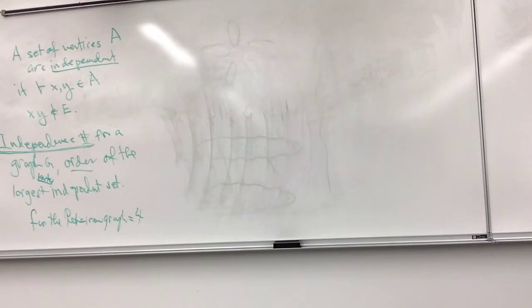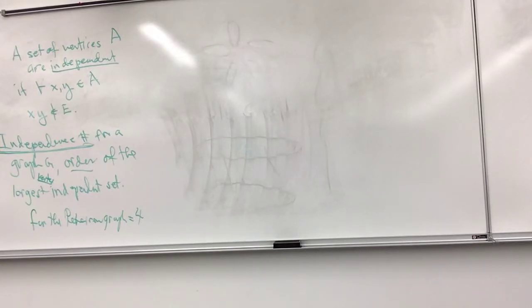You could. I think all this wants to know is if I have a matching with M edges, how many vertices must it have? It must have two times this number.